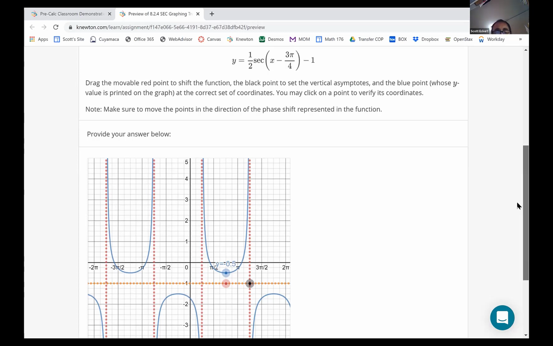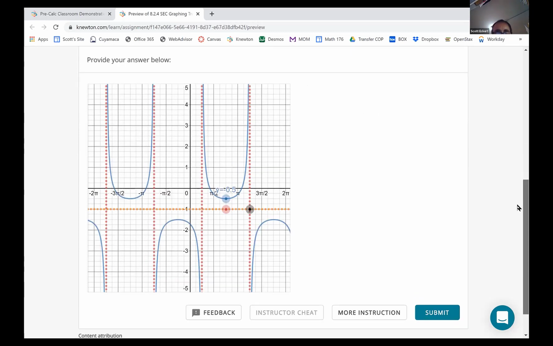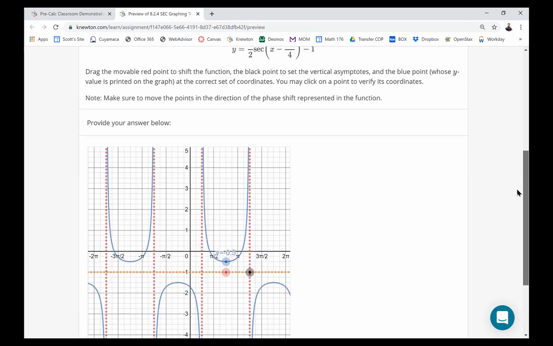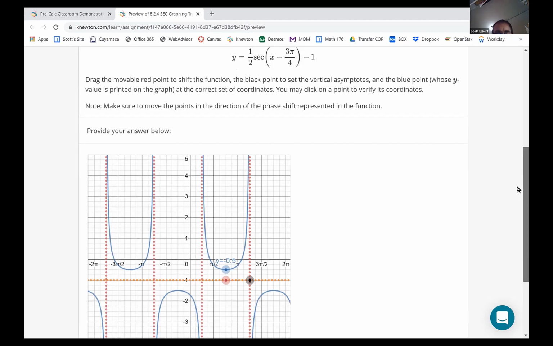Anything else we need to take care of? The period? The period. Very good. What is the period? 2 pi.